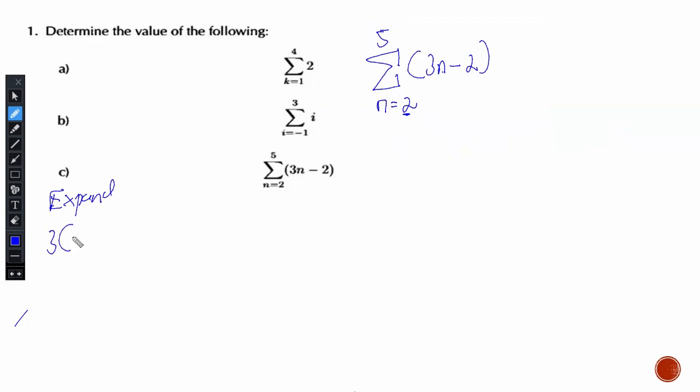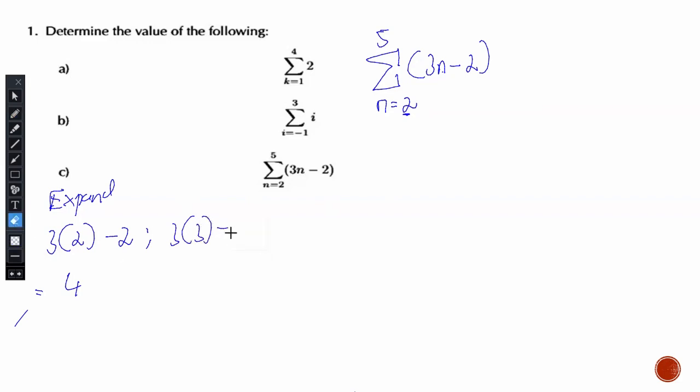So note, it's saying the start index is 2. You can't start from 1. You can't start from 0. You need to start from the start index here, the number that is being indicated. So 3 times 2 minus 2, that will give you your first term, that's equal to 4.